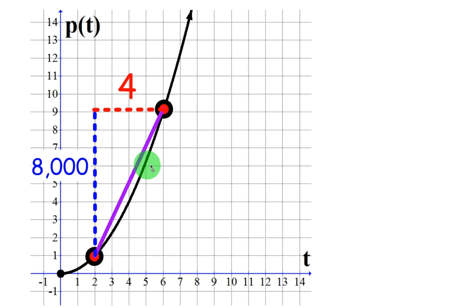So that's more than the average. The average is 2,000. From 2 to 3, it looks like just a little more than 1,000. So the average rate of change is just that. It's an average. And as you can see, it'd be the slope of this secant line, 8,000 divided by 4.